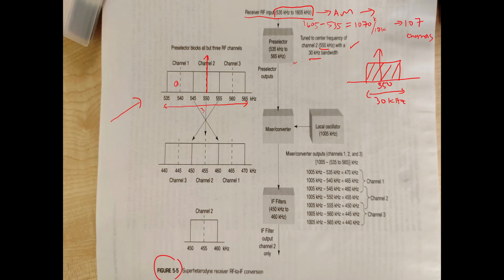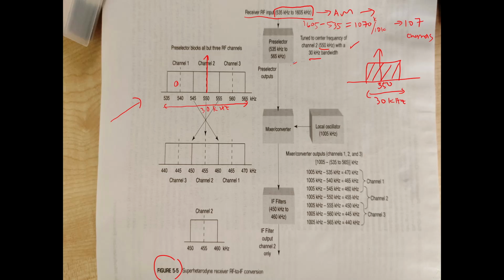So all of these is 30 kilohertz, which is the bandwidth of the pre-selector. How big the bandwidth is depends on the pre-selector. In this example it is 30 kilohertz.